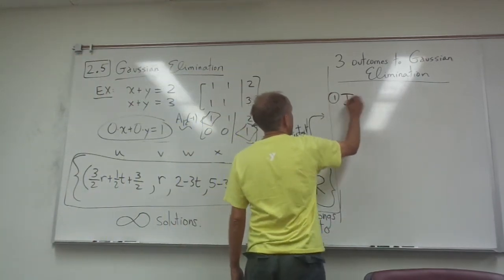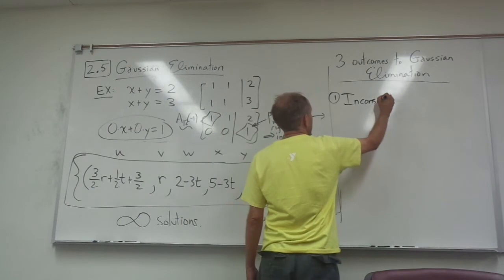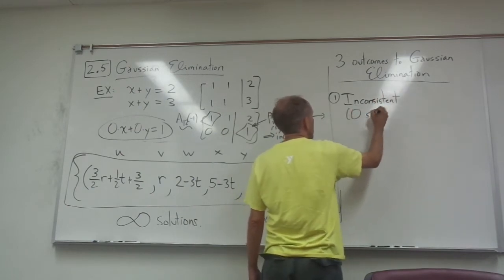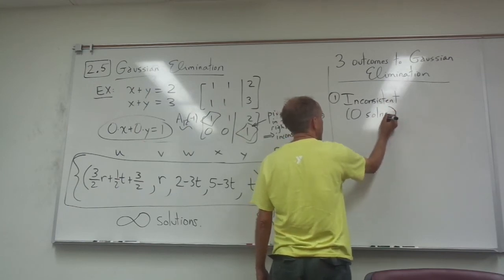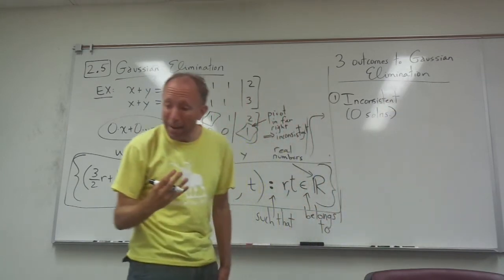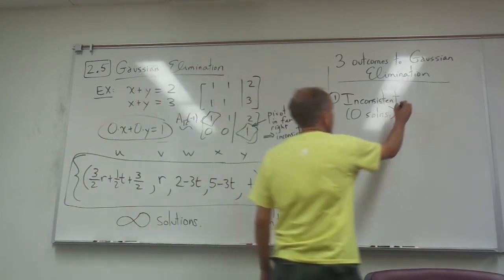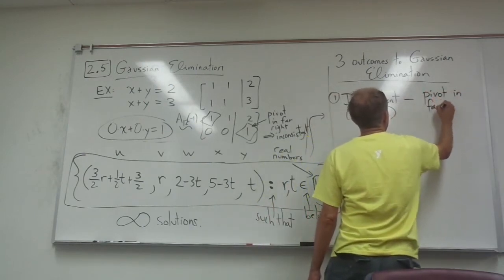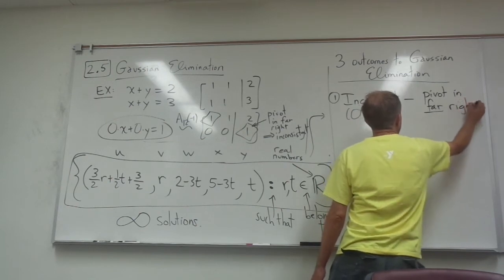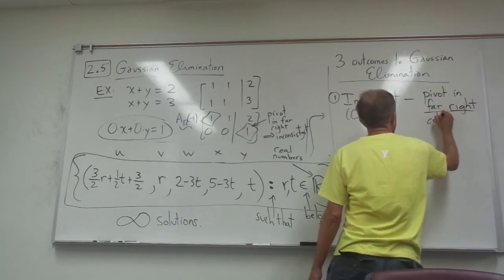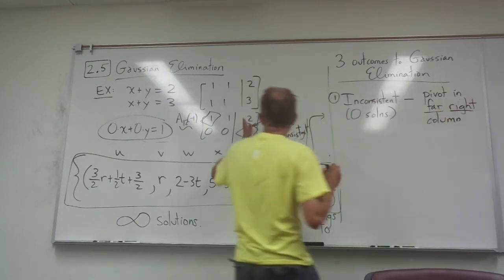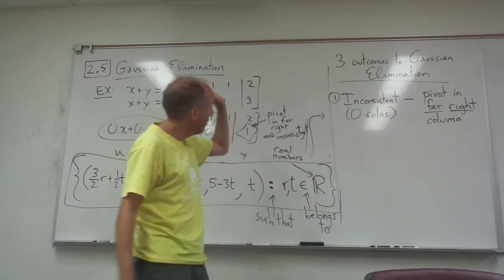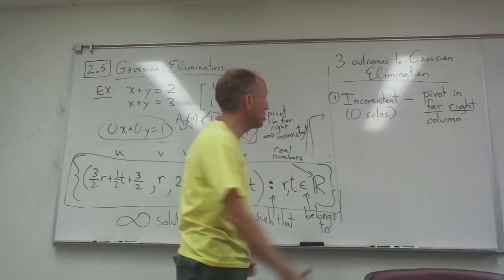First of all, the system could be inconsistent, which just means 0 solutions. And that happens if you get a pivot in the far right column, in other words, past the augmentation bar here. If you get a pivot to the right of that, your system has no solution.